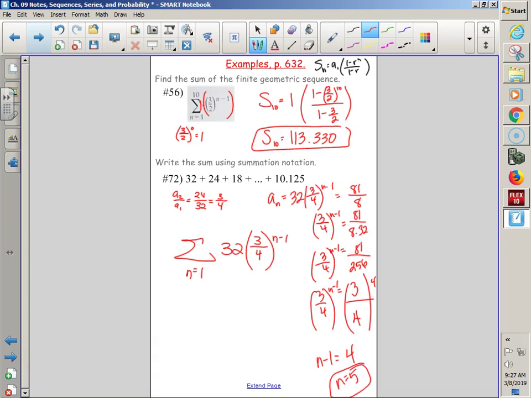How close were we up here? This was a sub 1, a sub 2, a sub 3. If we had multiplied by 3/4, we would have ended up with, what would that have been? 54 over 4, which would be 27 over 2 as our next term, as our a sub 4.